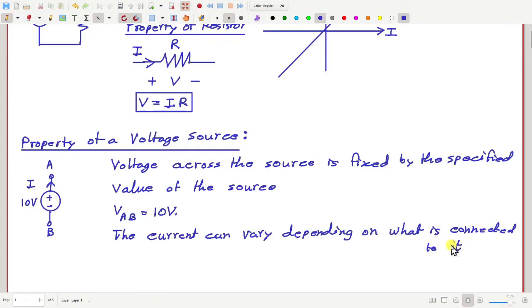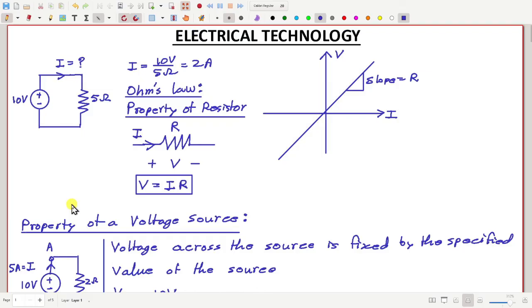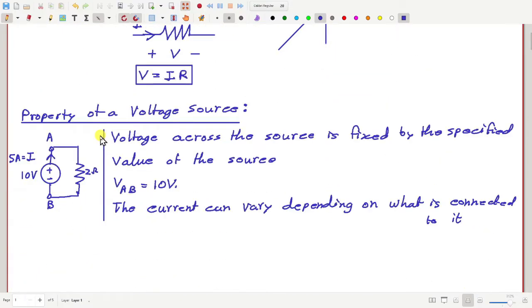For example, if I connect say a 2 ohm resistance here, then this current will become 5 ampere if this is 2 ohm. However, for the same source, we saw when the resistance was 5 ohm, the current was 2 ampere. So current can vary, but the voltage is fixed.